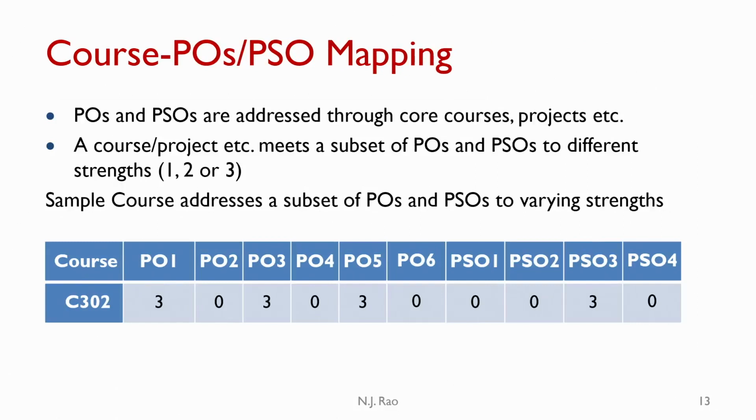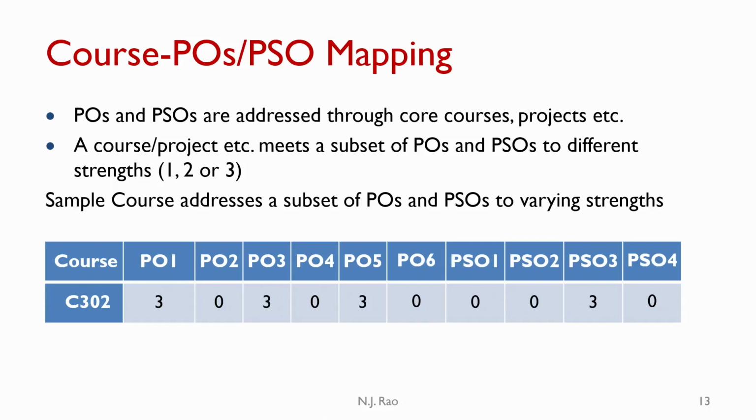Now what happens? We prepare a kind of table. We mentioned already, we are tentatively taking in this example 6 POs, but if it is 7 POs you add one more column, that is all, and then there are a maximum possible 4 PSOs.